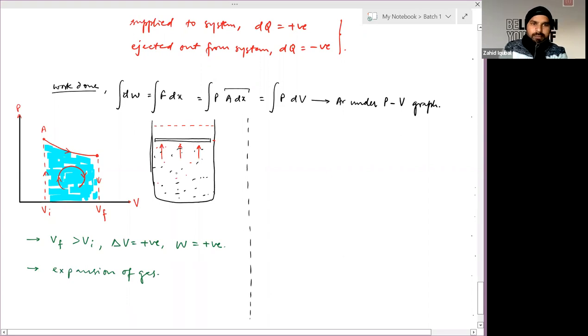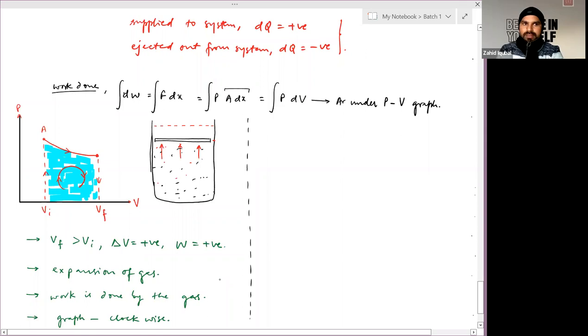Next, particles of gas are doing work on the piston to expand it, so we can say work is done by the system, that is the system of particles. And related to this, the graph is in clockwise direction. So we may define these five different terms related to this process. Hamza, is it clear? Yes, sir.